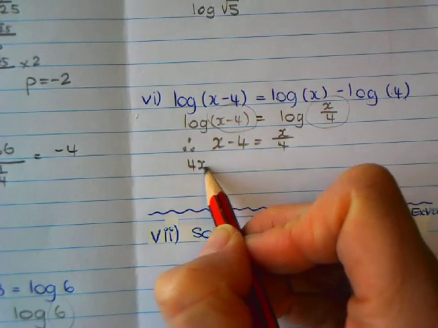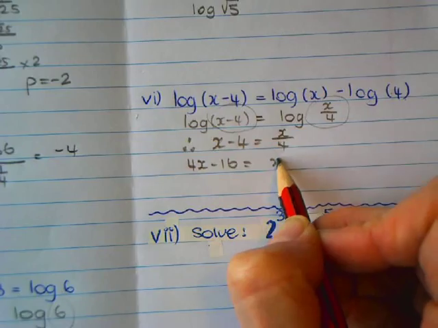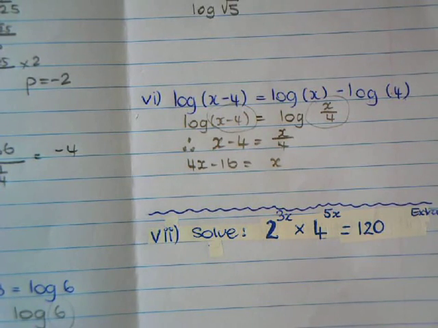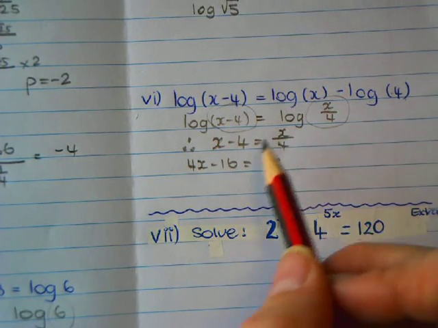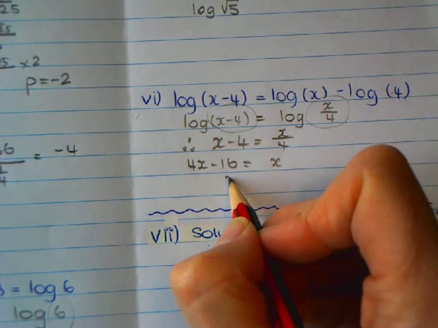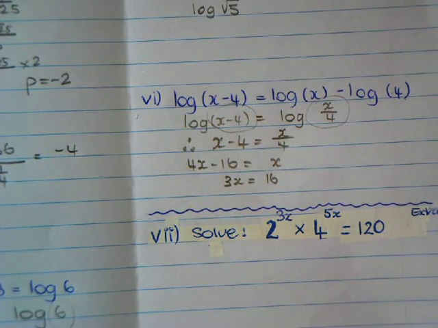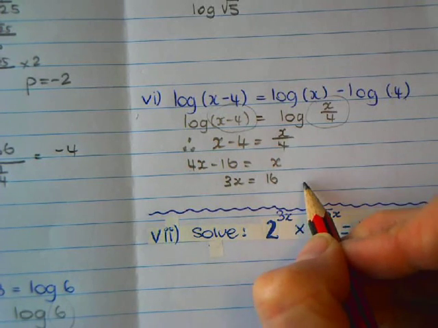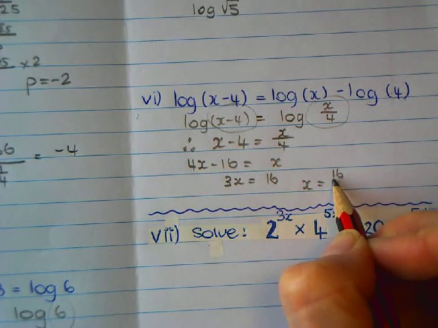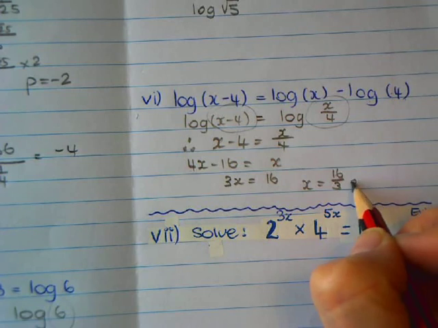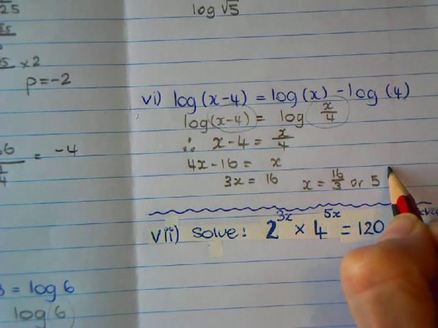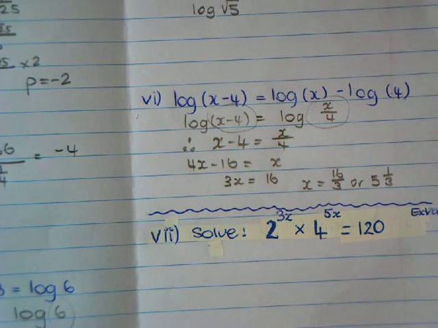Instead of dividing by 4, multiply by 4 on the other side. So I've taken the 4 across. And now, putting my x on this side, I'm going to have 3x equals taking the 16 across, 16. So x equals 16 divided by 3, or 5 1/3.